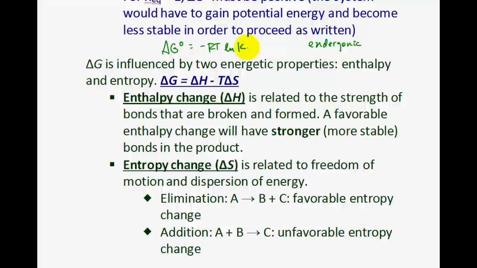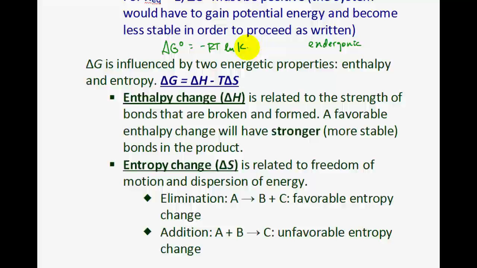A favorable enthalpy change, an enthalpy change that will favor a spontaneous reaction, will have stronger bonds in the product. We'll talk more about that later, but it's going to be favorable for us to form stronger bonds. If we have reactants with weak bonds, they will tend to form products with stronger bonds in a spontaneous process.